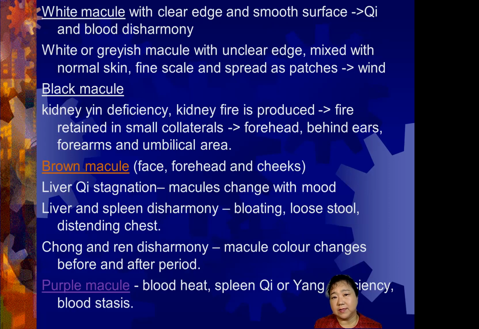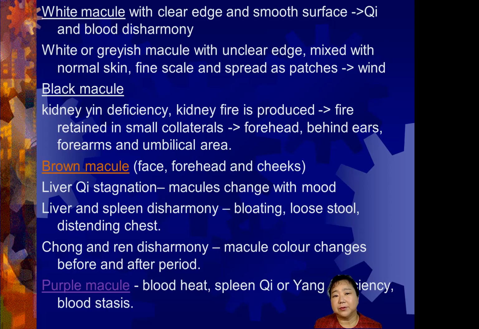White macule with clear edge and a smooth surface is due to qi and blood disharmony. White or grayish macule with unclear edge, mixed with normal skin, with fine scale and spreading as patches, is due to wind.